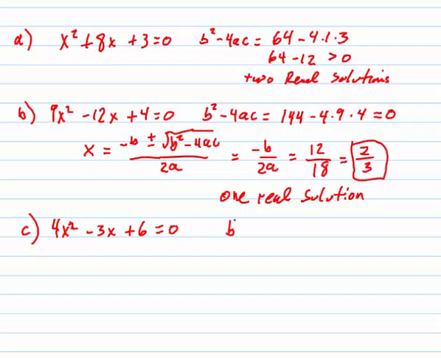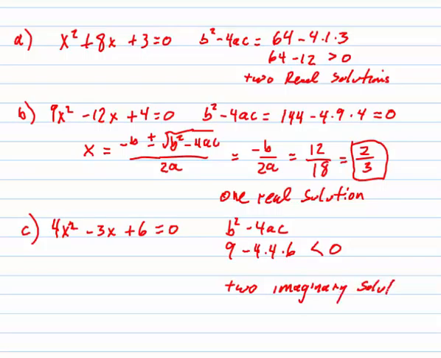Then b squared minus 4ac was equal to b squared, which is 9, negative times negative is positive, minus 4 times a, which is 4, times c, which is 6. And that's clearly 9 minus a pretty big number. That's clearly less than 0, so we get 2 imaginary solutions, as we saw. Okay, so there we go.